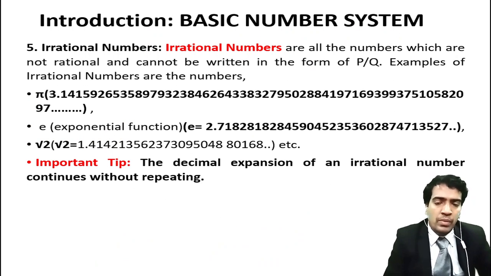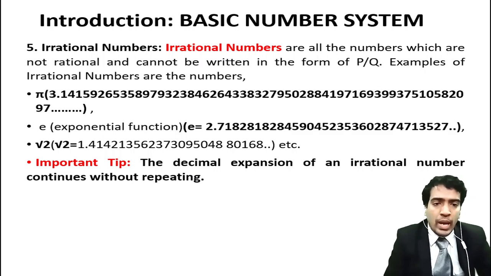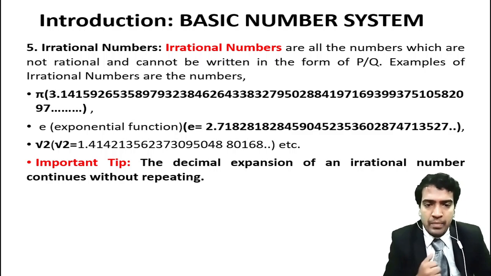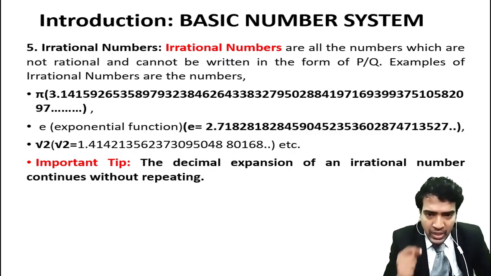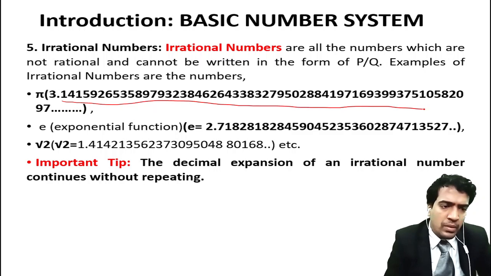Now, when we come to irrational numbers, you cannot represent them in the form of p by q. Let us take some examples. Let us take the example of the number pi. You can see that this is a very great number of digits appearing after the decimal.